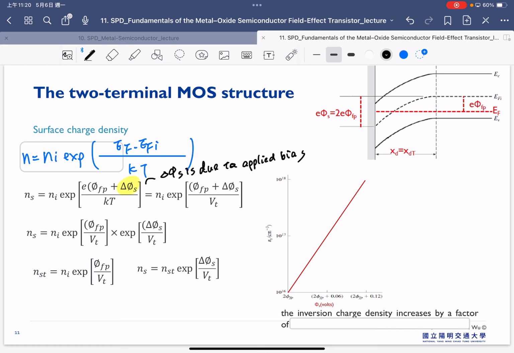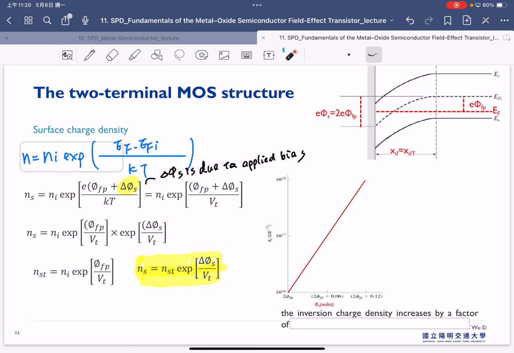So once we apply the additional gate bias, that will induce additional surface potential. So the phi_S is related to our additional gate bias here. So this equation can be written as shown here. And finally, we can consider N_S is equal to this one. So that means our N_S is correlated with our delta phi_S as shown here.